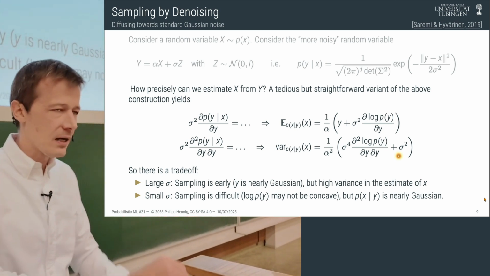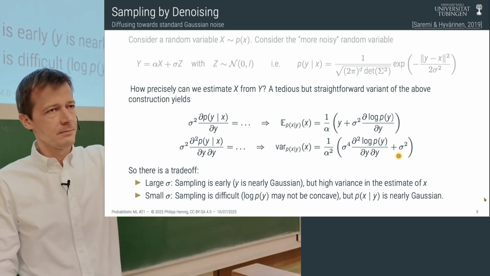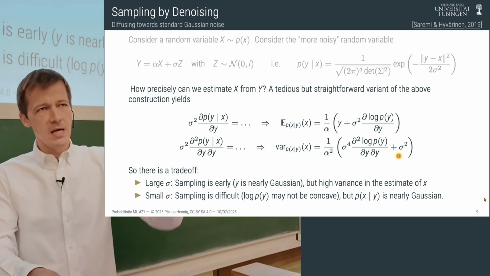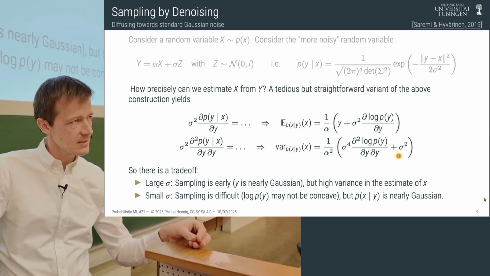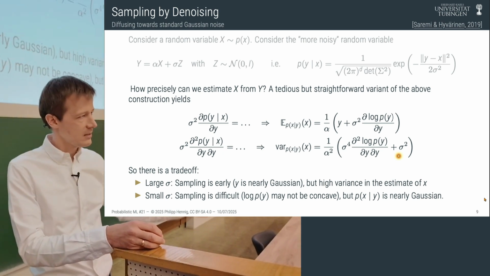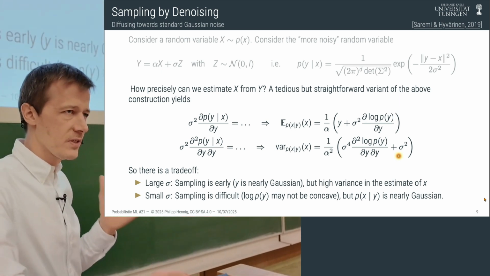Given that we are in this framework of an algorithm that takes a single sample step, to do Markov chain Monte Carlo, we are in X space, we add some Gaussian noise, we take a Langevin step, we estimate X again, and then we continue. Add some noise, take a Langevin step, estimate X again. Given that we have that setting, our question could be, how should we choose sigma?